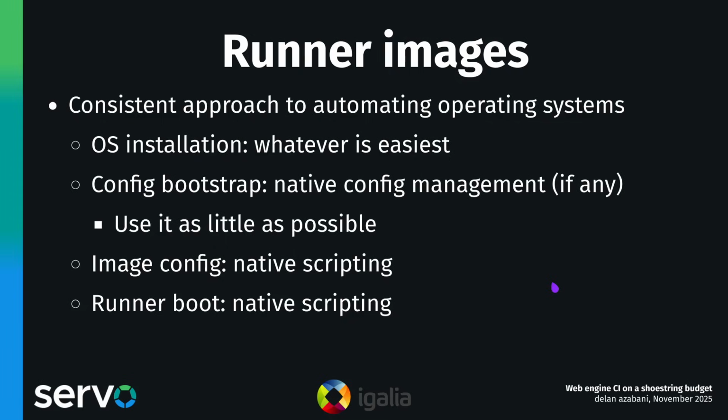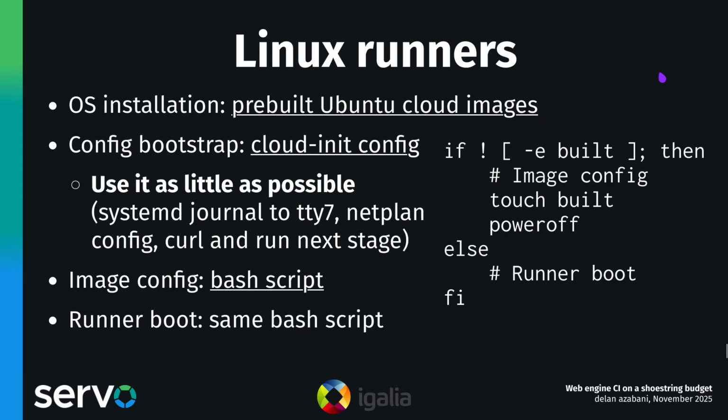And this kind of one-shot use case is something that's kind of overkill with config management systems. We can just do it with the usual scripting and automation facilities of the operating system. What does that look like in practice? Well, for Linux, we install the OS using pre-built Ubuntu Cloud images that we just download from the mirrors.